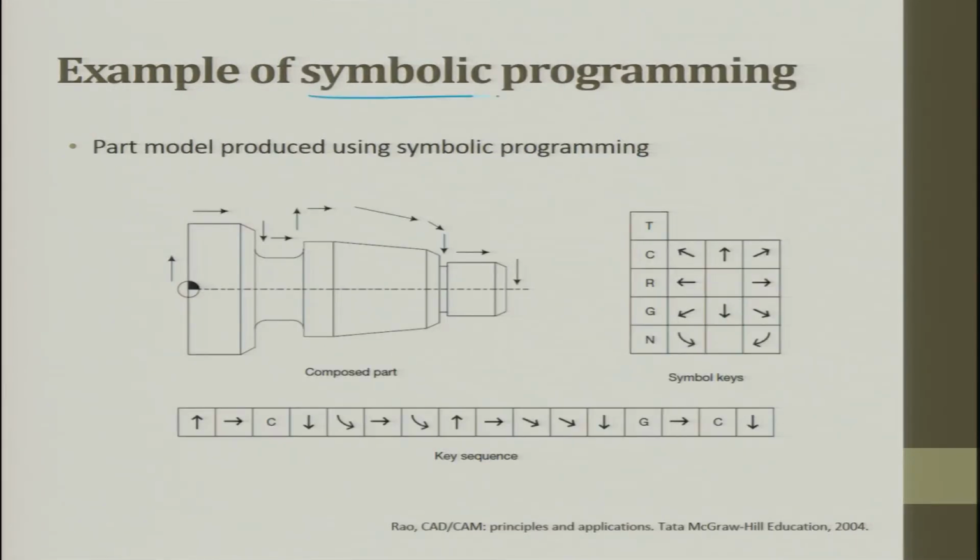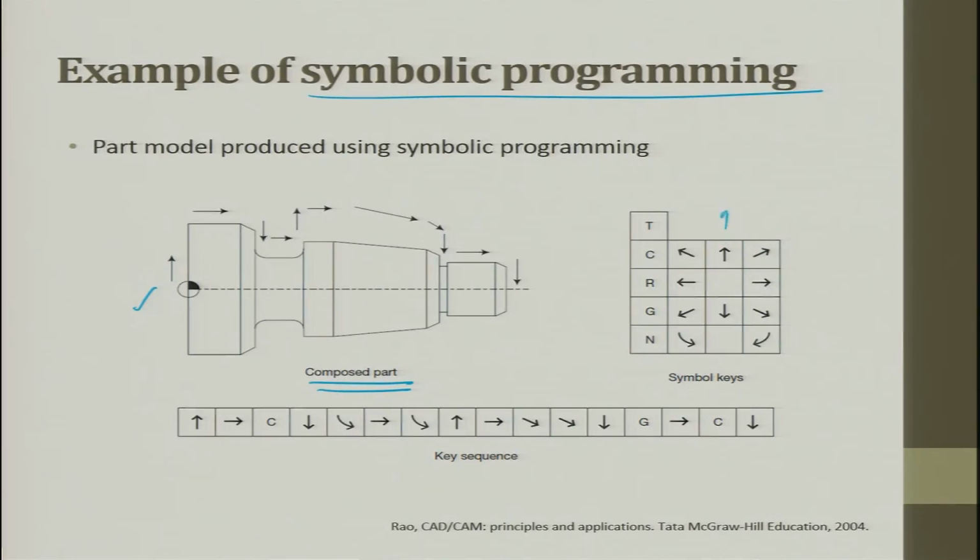The other one is symbolic programming. We use symbols. It is like telling a blind man how to walk, and then generating a path for him so that he regularly follows it. The component is divided into several lines, arcs and curves. These curves have to be generated one after the other, and that is what is done using the symbols here.